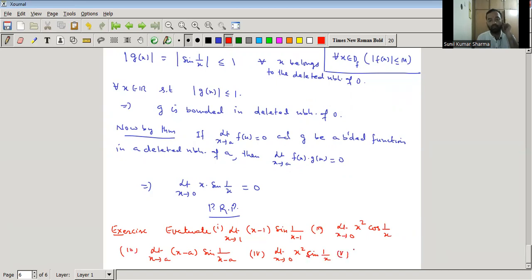And fifth, limit x goes to a of x minus a into cos 1 upon x minus a. So try these. Lots of exercises are given to you in this video lecture. Try to solve all these exercises, and we will discuss new theorems in our next video lecture.